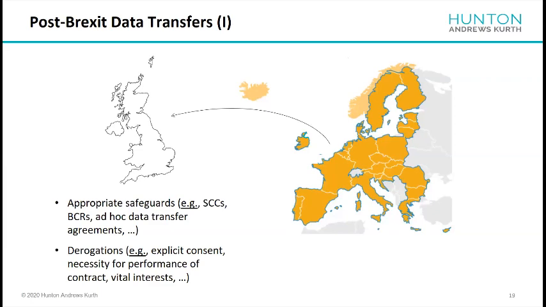The most frequently used mechanism to legitimize data transfers under the GDPR, certainly after invalidation of the Privacy Shield, is the standard contractual clauses. For these standard contractual clauses, UK entities, so group entities, vendors, business partners, and so on in the UK, will now, from an EEA perspective, need to be included or moved to the importer side of the clauses.